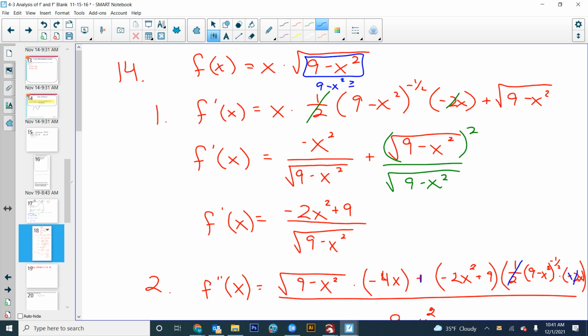Greater than or equal to 0? When is the graph of 9 minus x squared above or equal to the x-axis? Between -3 and 3. You agree? Between -3 and 3. The domain of this? Domain?